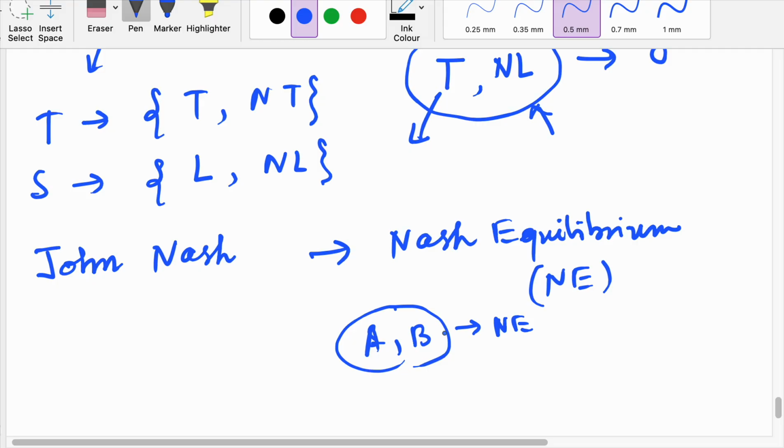So no one has any incentive to unilaterally deviate from the Nash equilibrium. That is the definition of the Nash equilibrium. And for a strategic interaction, at least two people are required.